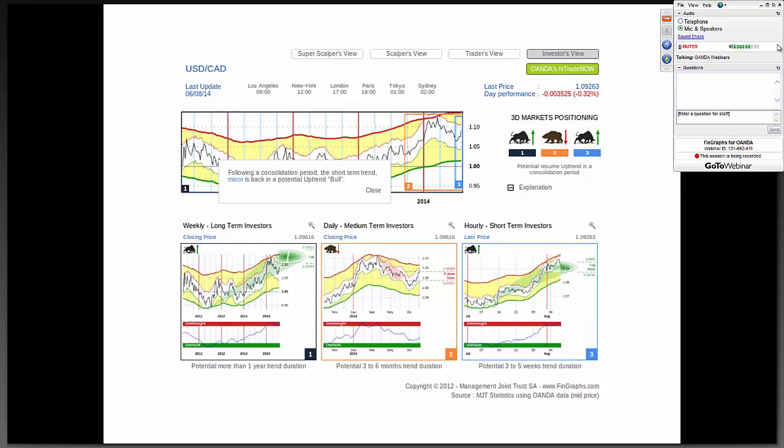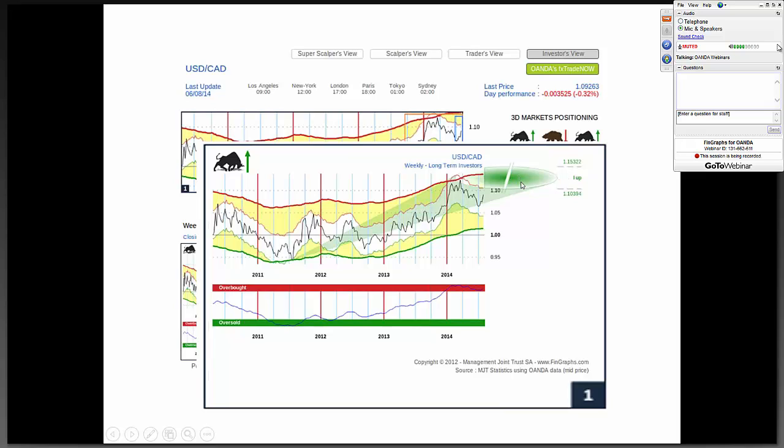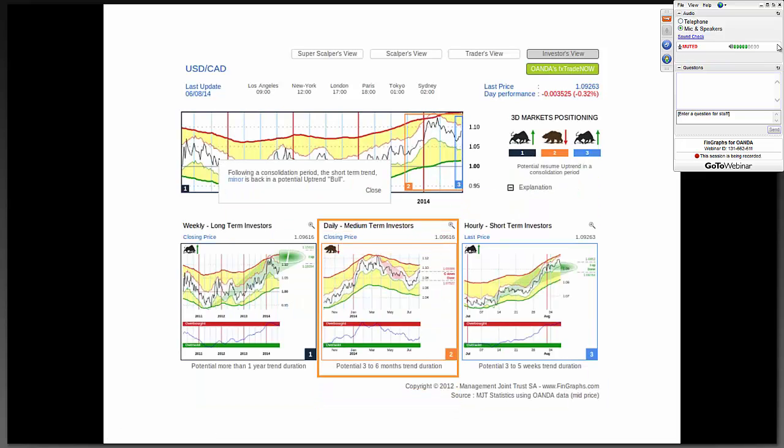Dollar Canadian investors view. The weekly is in an impulsive uptrend with some price potential and time potential left.